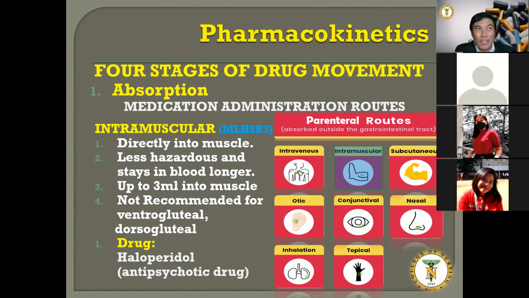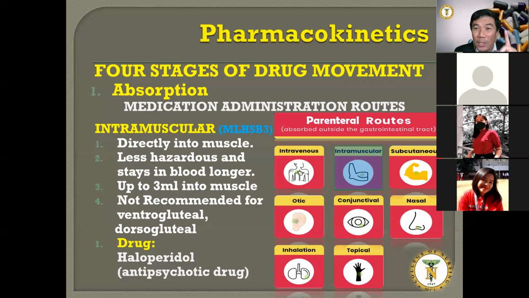So class, another point, which is very important in pediatrics, because there are instances when you will administer vaccines to pediatrics. Usually for intramuscular, it is not recommended to use the ventrogluteal or dorsogluteal sites. Why? Because you may possibly hit the sciatic nerve.